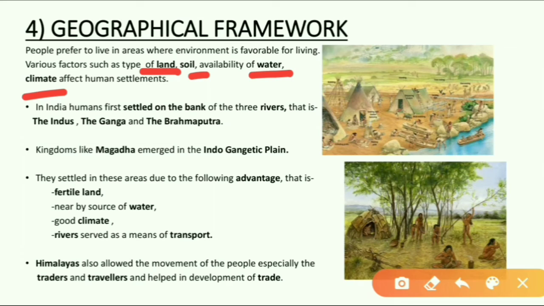Now, what do you mean by human settlement? Human settlement means a place where a group of people have built and lived in.